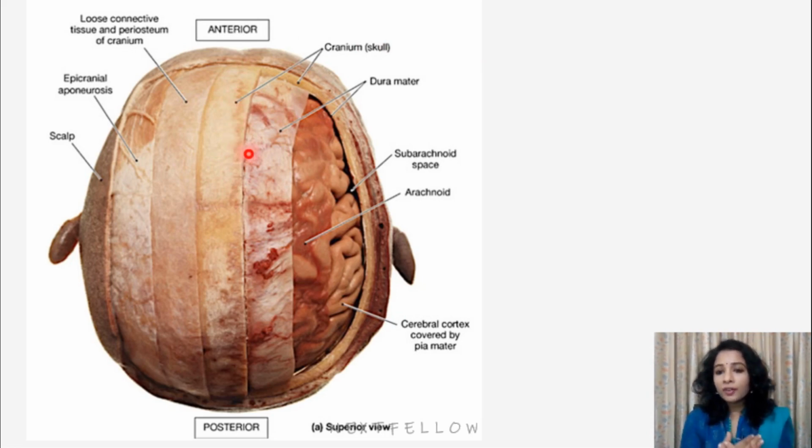Further, it reflects below the bone as the endocranium, which is the inner covering of the bone. So it is loosely attached to the bone, but firmly attached to the sutures and sutural membranes, where it continues to form the endocranium, which is nothing but the periosteum covering the inner aspect of the calvaria.